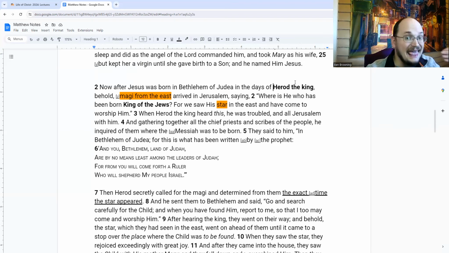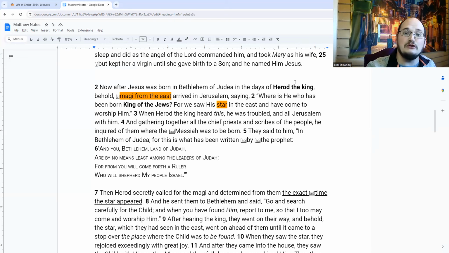So he's not ethnically Jewish, but religiously, at least to a degree, he is Jewish. The reality is that Herod played both sides. He would play up pagan stuff when it would help him. So I would not consider him a true religious Jew, but he basically passed as one. He technically converted to Judaism.